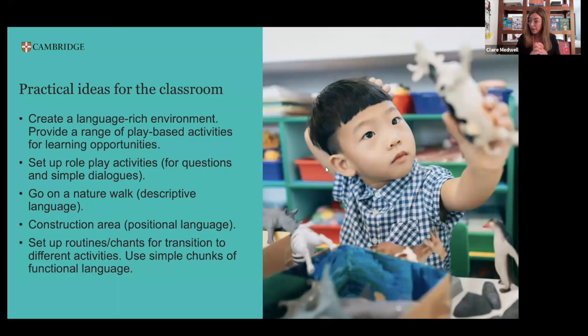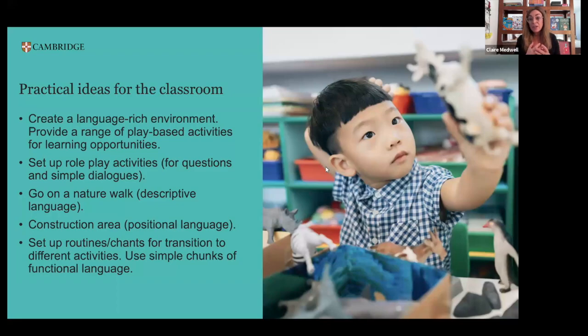Another idea, if you're able to in your setting, is to go on a nature walk and to use descriptive language. So again, this would be you using parallel talk to describe things and to encourage the children to describe too.